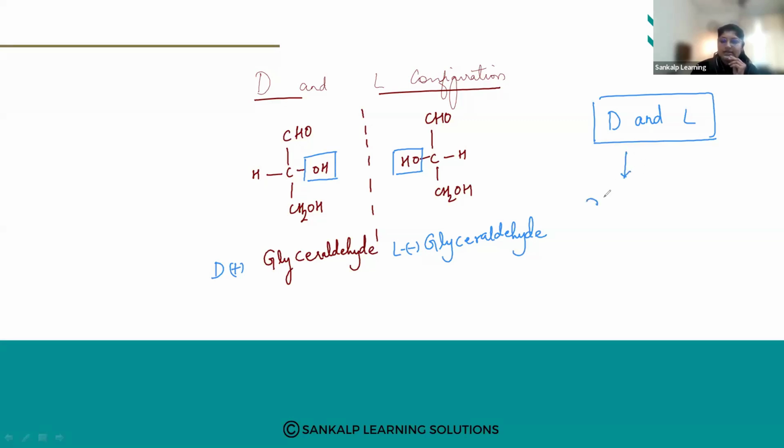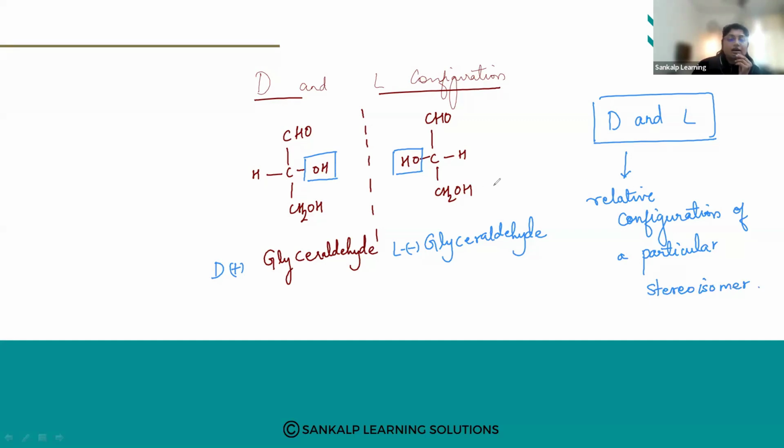This indicates the relative configuration of a particular stereoisomer. So this is the meaning of the letters.